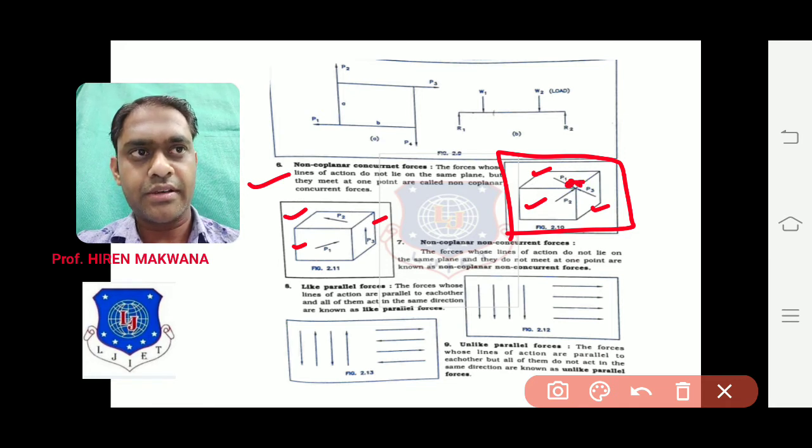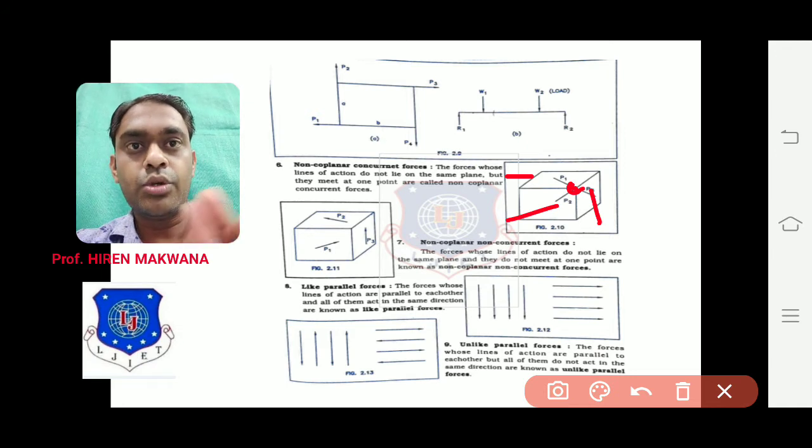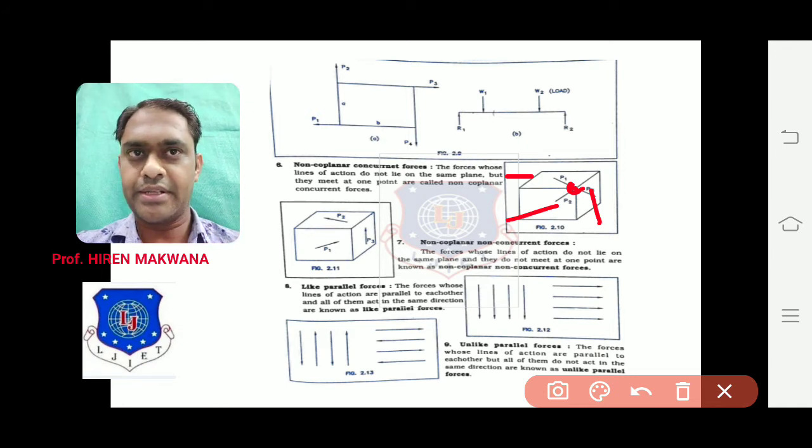At this corner, the forces are intersecting, but from different planes, first, second, third. So these three forces are known as non-coplanar because of different planes, but concurrent because they act at the same point. So that's why this is known as a non-coplanar concurrent force system.